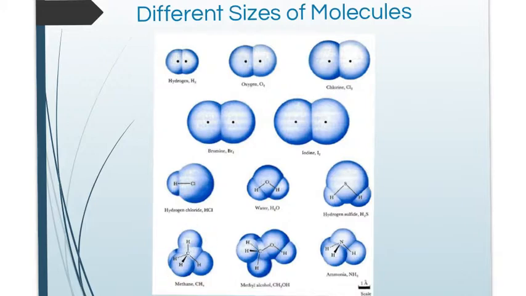Methane gas, quite small, and there's 1, 2, 3, 4 hydrogens and a carbon. So 5 total atoms is still smaller than 2 atoms of iodine. So you can see there's a lot of different sizes of molecules depending on which atoms we're using and the amount of space that individual atom takes up as it combines and is adhered to other atoms.